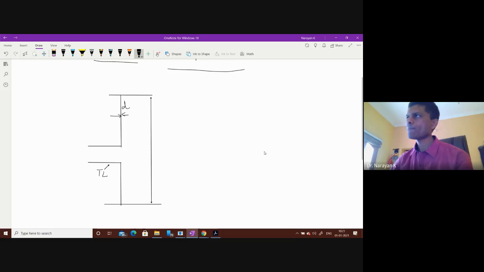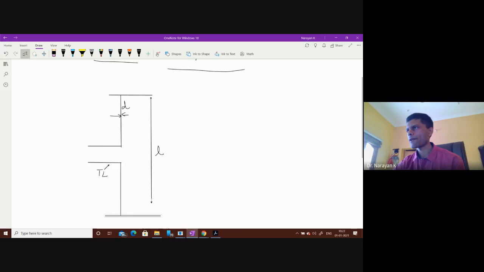This is the length of the dipole, L. Both sides are equidistant. I could not draw it exactly, so please excuse me.